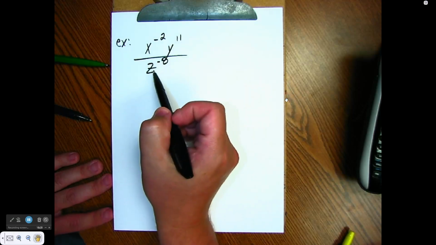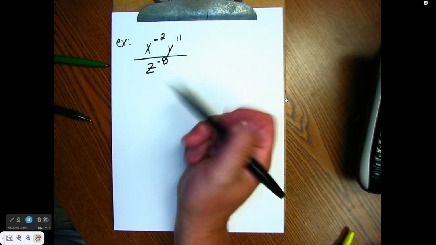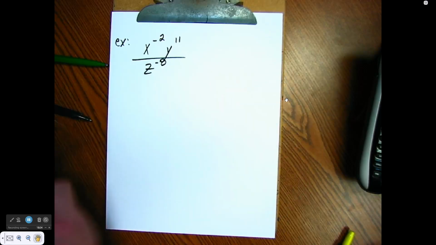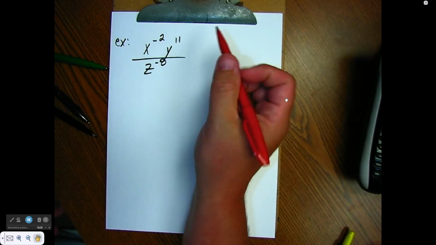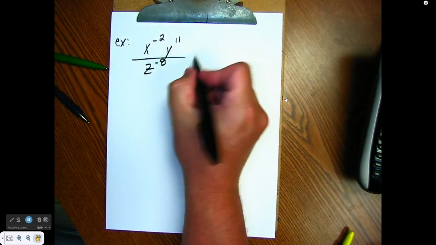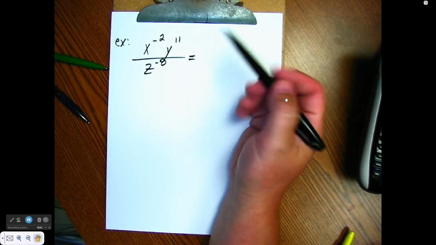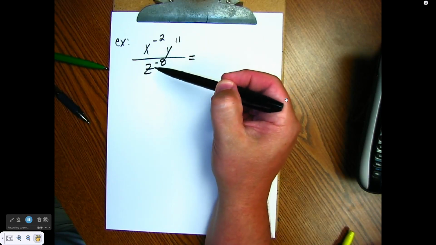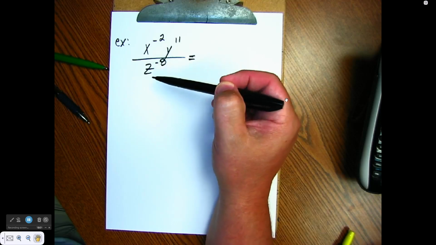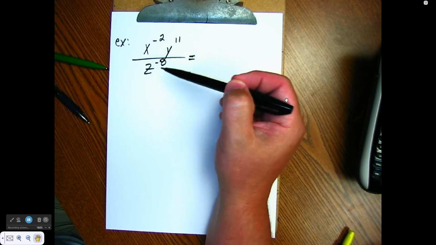And I'll put a slash through the back of the z just to keep it from looking too much like the number 2. Again, I think I'm going to deal with the negative exponents. That's basically the only rule I can use because they're all different bases. x, y, and z. All three of these have different bases. Apples, oranges, and bananas.